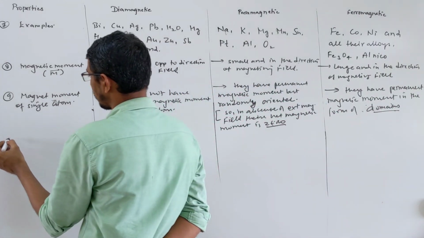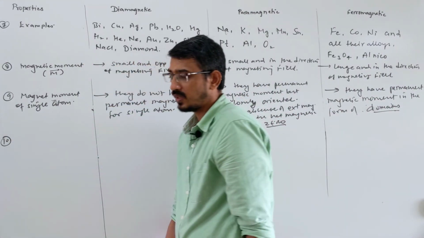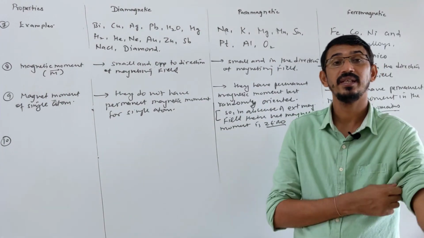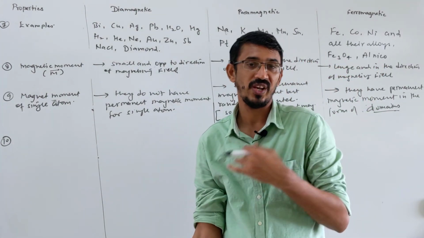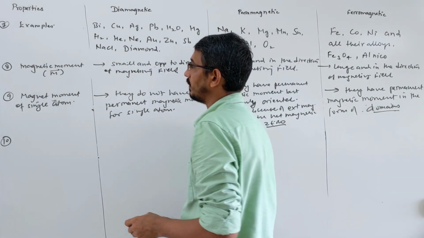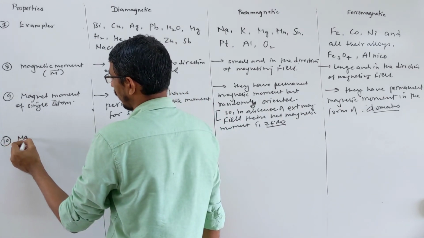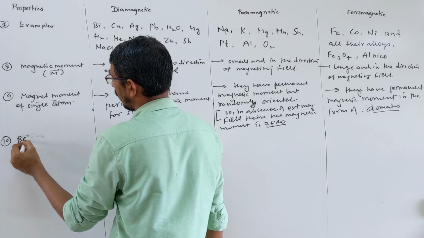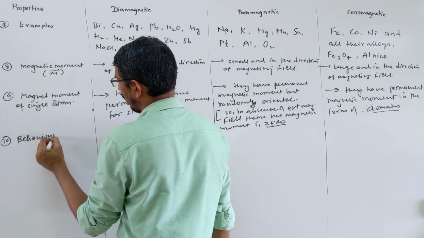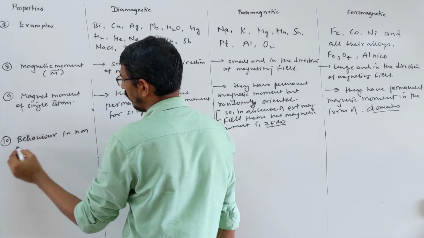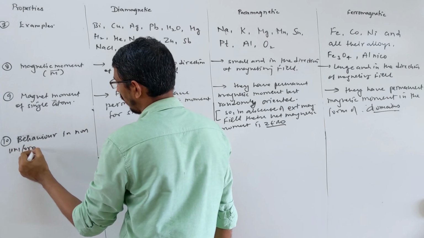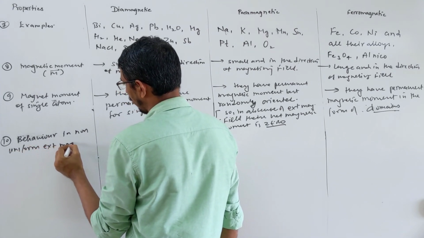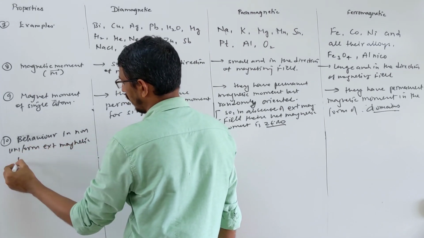Let's talk about one last property. Suppose these materials are placed inside a non-uniform field, then what happens? Magnetic behavior in a non-uniform external magnetic field.